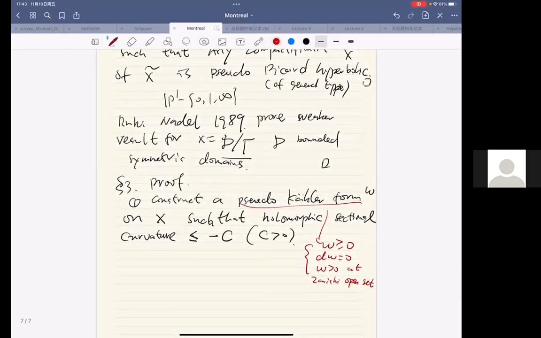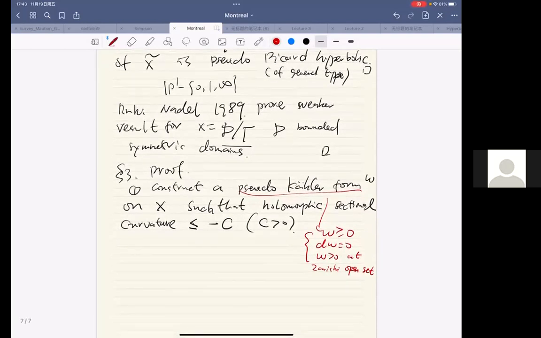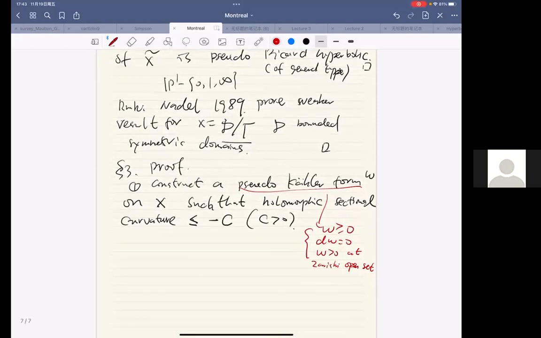We can still define the holomorphic sectional curvature; you just define it over the place where it's strictly positive. Then you say it's less than minus some constant. This is the first step. And the second step is to prove some criterion for pseudo Picard hyperbolicity.